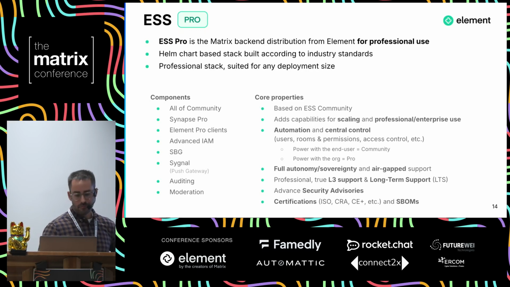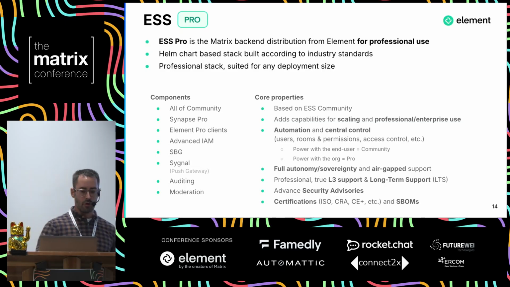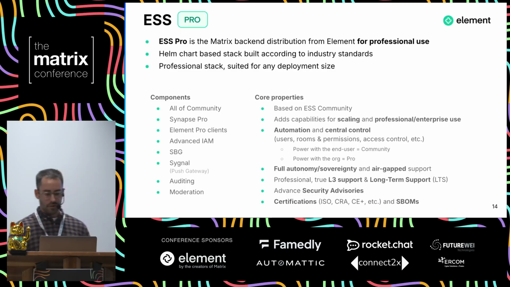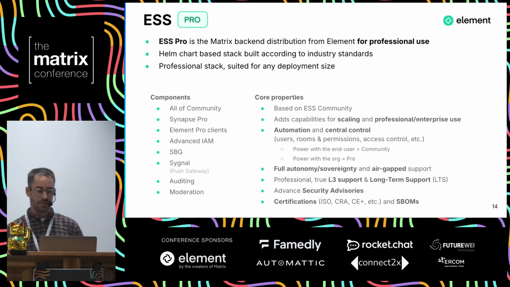So in addition to what you get from community, it adds the capabilities for scaling and, as you could have guessed, the capabilities for professional and enterprise use. So in that sense, automation and central control are crucial. That is about users, about rooms and permissions, access control, all the things you'd expect from a professional stack.